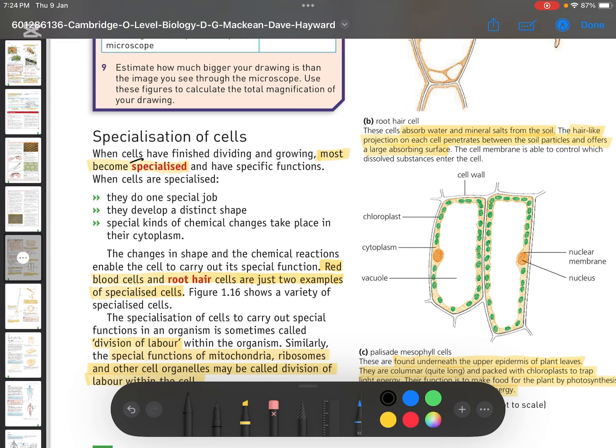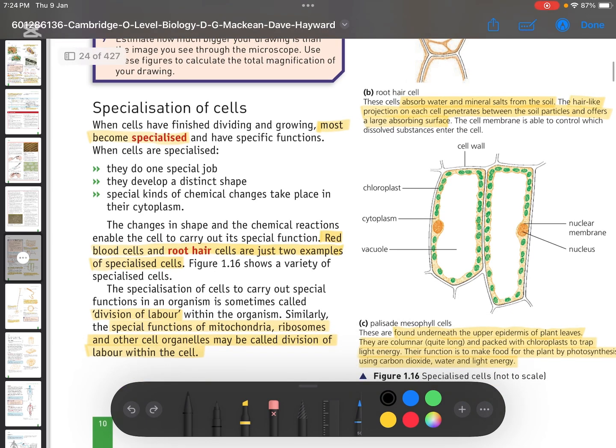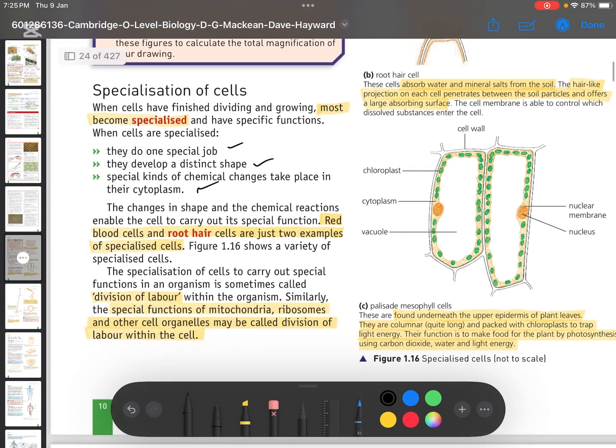And that's why it's called a specialized cell. Here it's written, when the cell is finished dividing and growing, most become specialized to their function. They do one specific job. They develop distinct shape according to their function. Special kinds of chemical changes take place in their cytoplasm, right? Easy peasy.